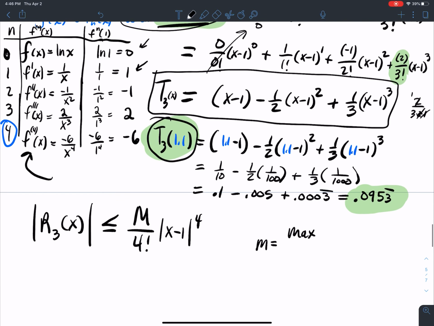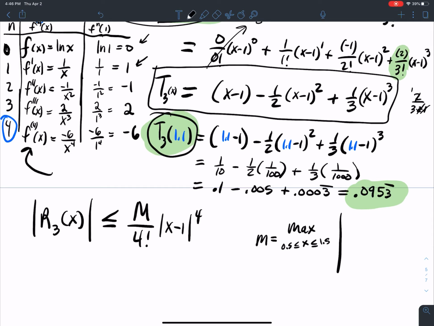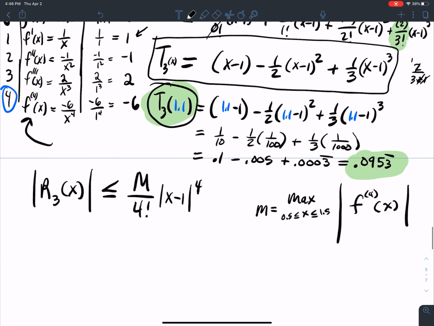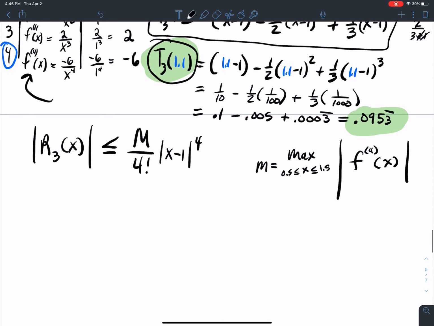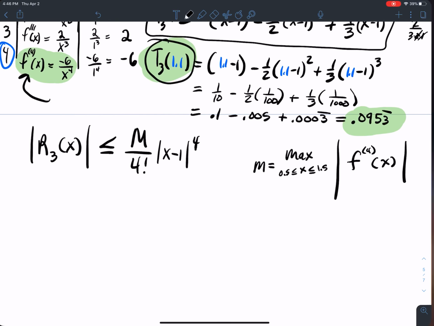It's the max on 0.5 to 1.5 of my fourth derivative. Now, what does the fourth derivative look like? Say I take my fourth derivative here. The fourth derivative is negative 6 over x to the 4th.